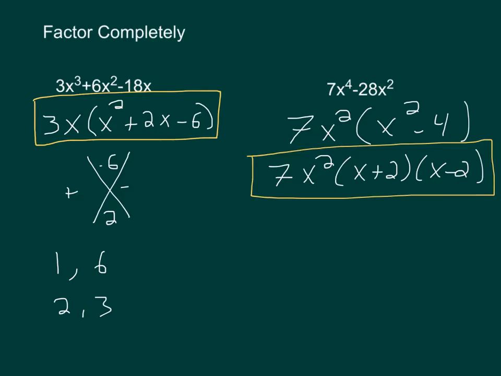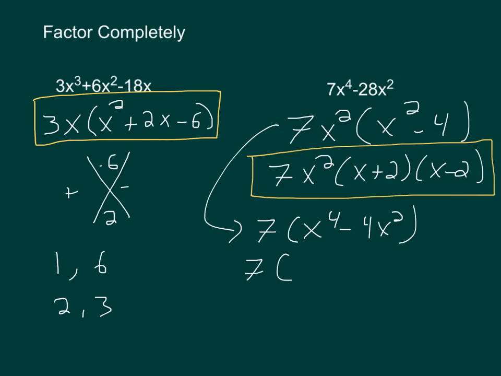Now, quick note on this one. Let's say we didn't notice the x squareds at first as a common factor, and we'd only taken out a 7. So instead of doing that, we said 7, and then that kept it as x to the fourth minus 4x squared. Well, at that point, what you would have found is that x to the fourth could be written as x squared squared, and 4x squared could be written as 2x squared.